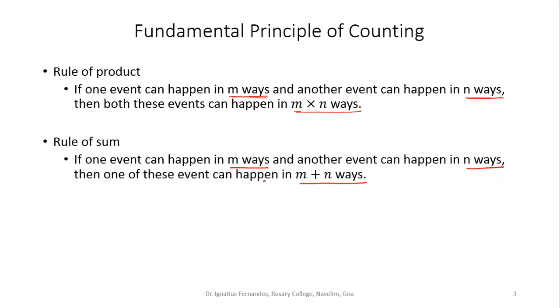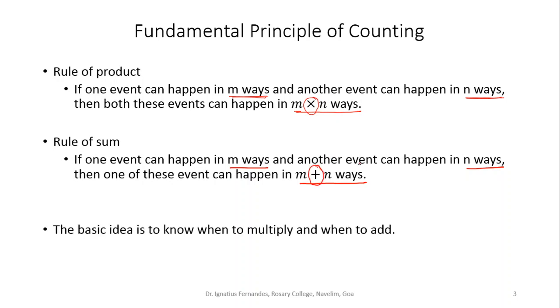In the rule of sum, we are talking about at least one of the events happening. So basically, when we say and, we multiply, and when we say or, we add. So the basic idea is to know when to multiply and when to add. That is when this fundamental principle of counting will play its role.